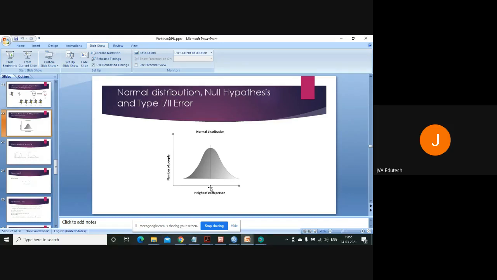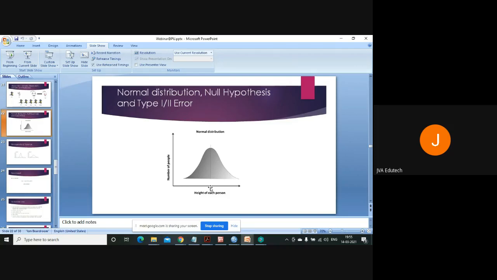If you talk of a perfect normal distribution, the average height, or any of the means in your population, whatever you are taking. Let's say I wish to take the data of the annual income of people living in my society.